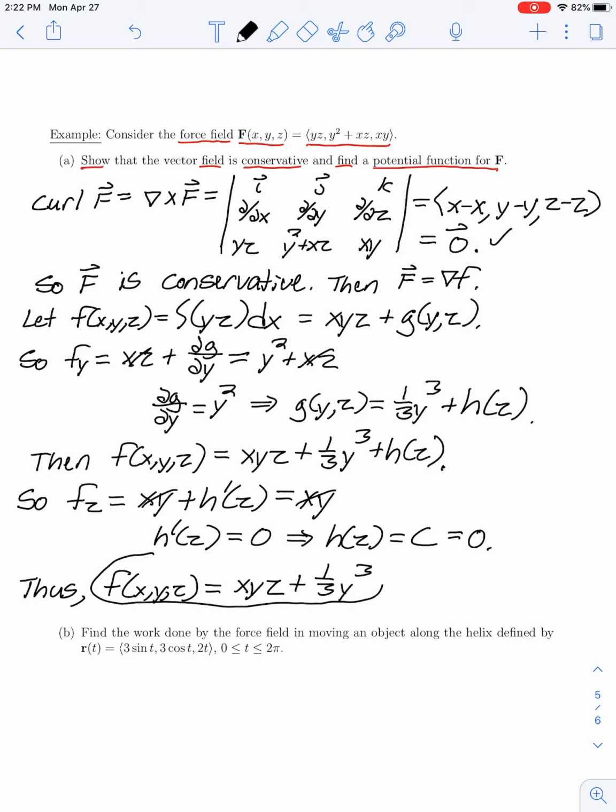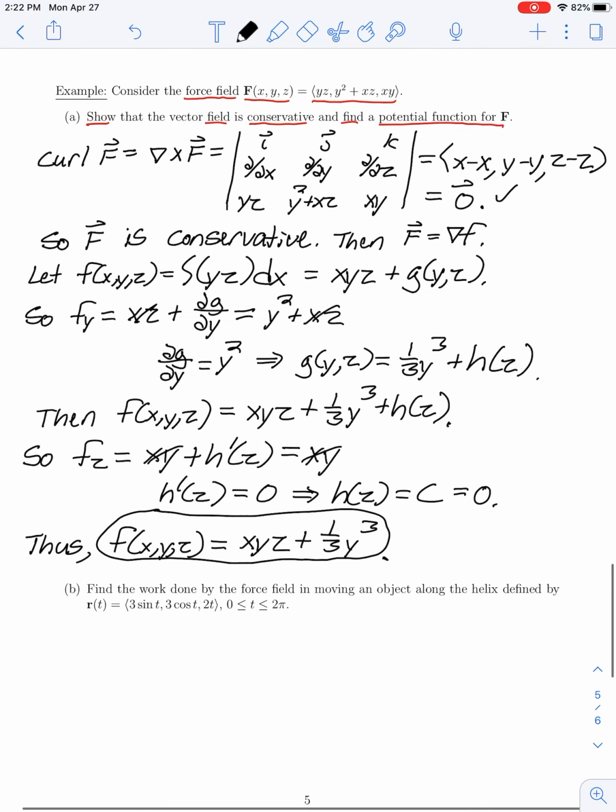So this would be our potential function for that vector field, and we can verify that it is indeed a potential function if we find its gradient vector. We see that we get back the force field that we were given.